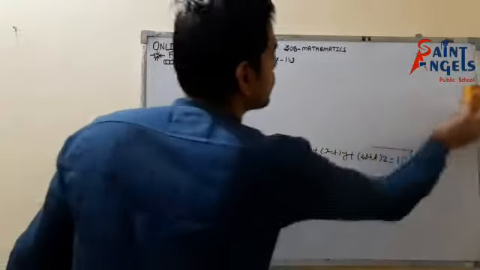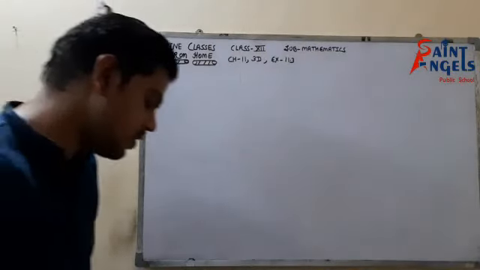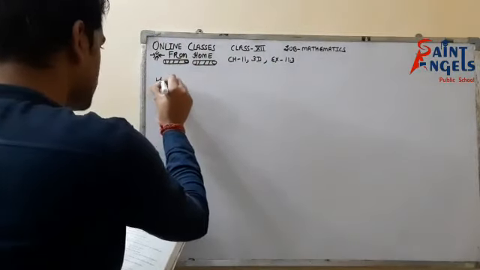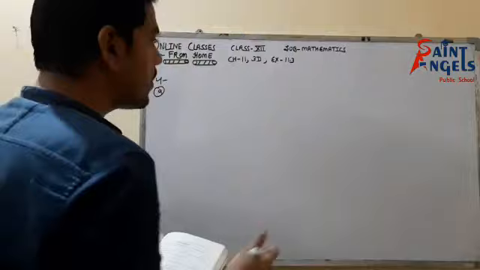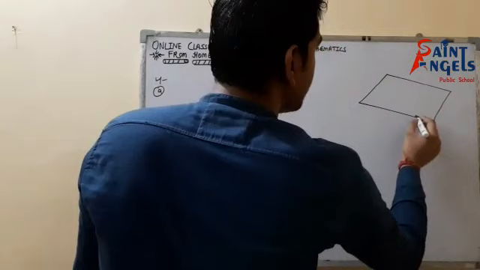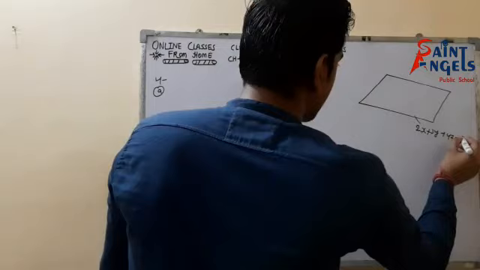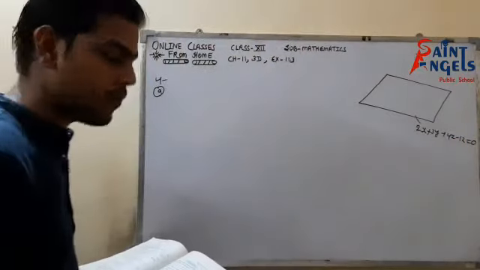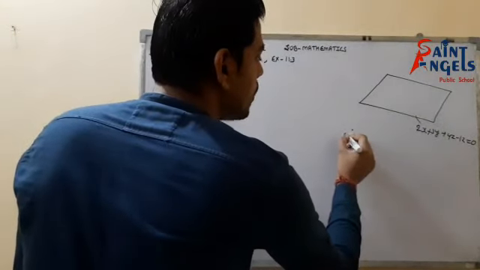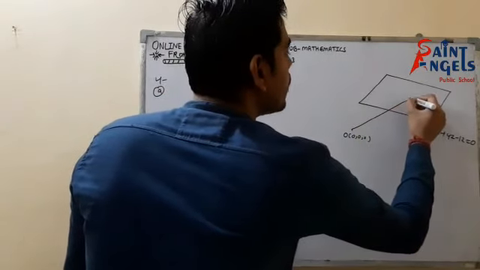Now look at question number 4. Question number 4 states: in the following cases, find the coordinates of the foot of the perpendicular drawn from the origin. This is the first part of the fourth question, and we have been given a plane whose equation is 2x plus 3y plus 4z minus 12 equals 0. We are asked that from the origin we have drawn a perpendicular to it.